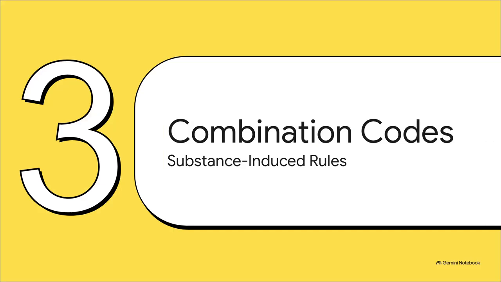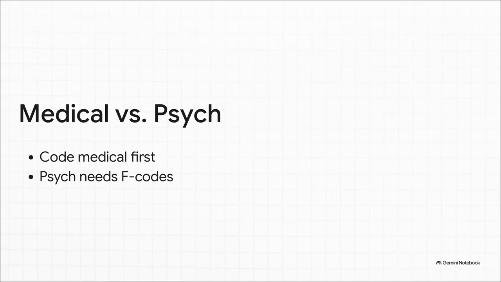All right, Section 3, Substance-Induced Combination Codes. Let's look at combining diagnoses. When we dive into combination codes, it's absolutely crucial to distinguish between a physical medical condition caused by substance use and a specific substance-induced psychiatric disorder. Medical conditions due to substance use, like say alcoholic pancreatitis, are not classified as substance-induced disorders in Chapter 5.